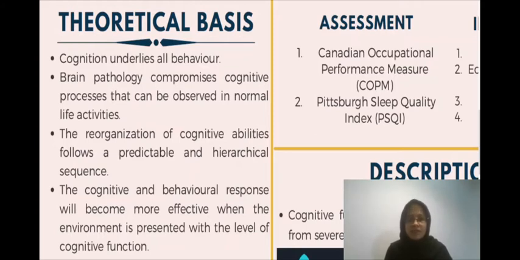These cognitive levels describe the varying effect of brain pathology on normal life activities, provide a means for analyzing the relative difficulties of any activity in terms of the requisite thought patterns, and delineate factors within the environment that can be modified to help the individual carry out preferred activities as independently as possible.